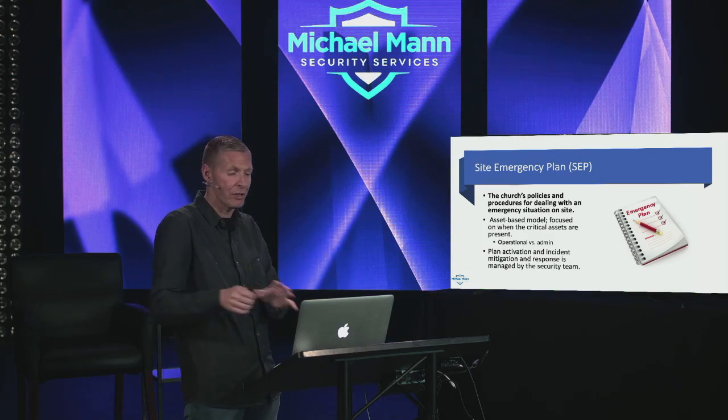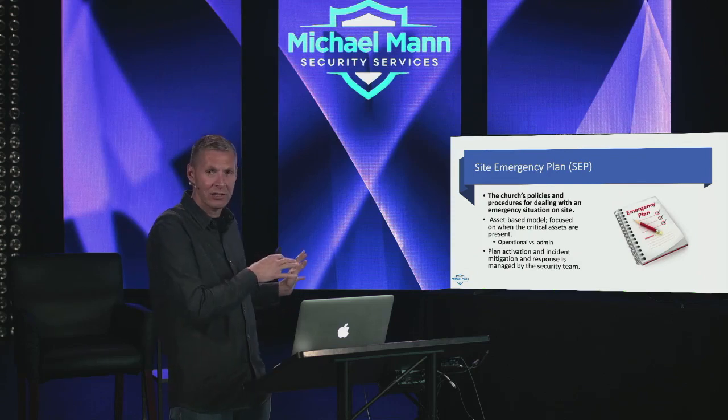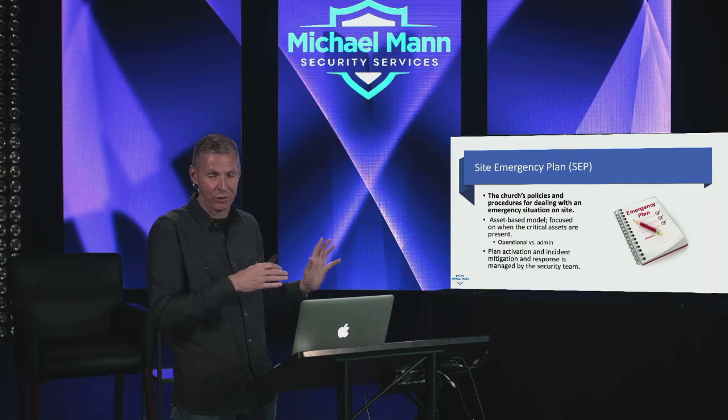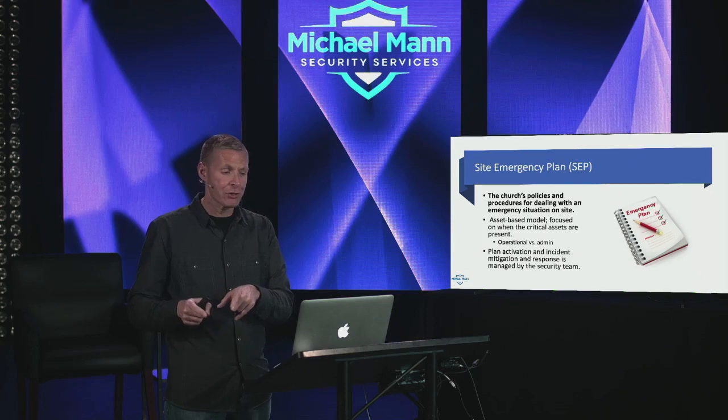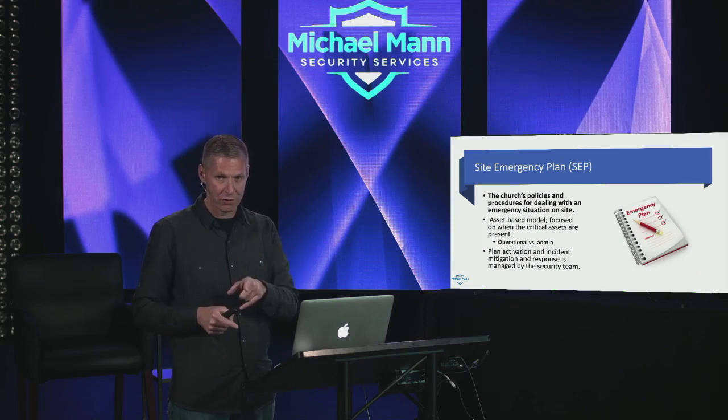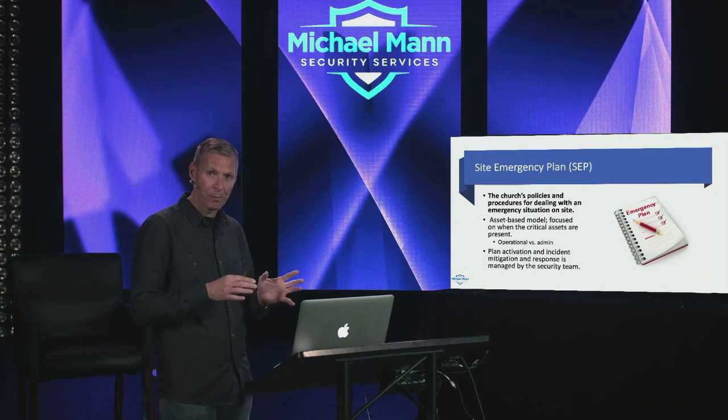We're talking about the congregation. And don't get me wrong, it's not that the staff during the week isn't critical. It's just that their actions are going to be very different than yours, okay? So you might have two different plans.